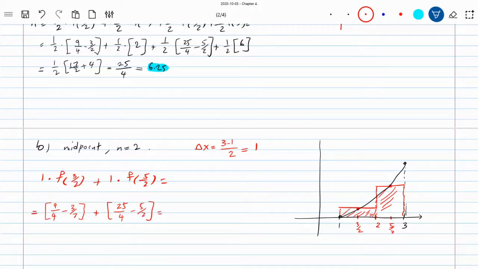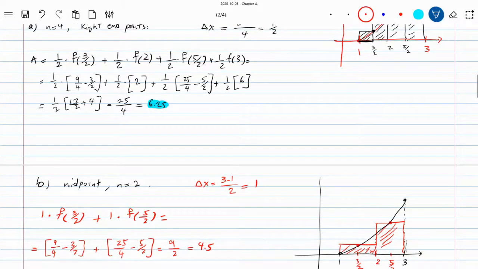And what we get is 34 over 4, again 17 over 2 minus 8 over 2. 17 over 2 minus 8 over 2 is 9/2. And this is 4.5.